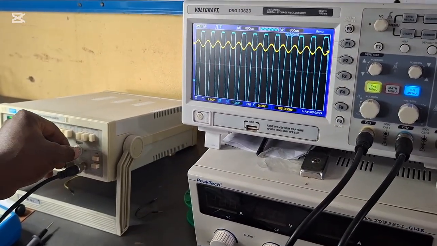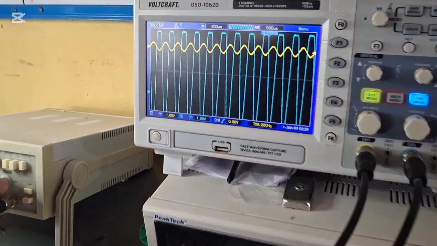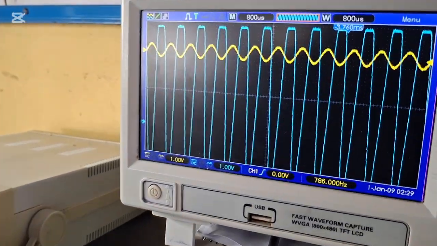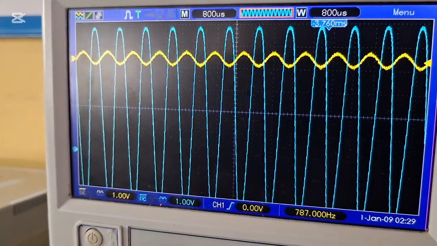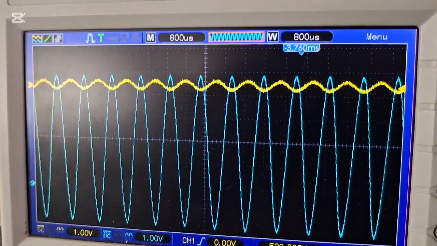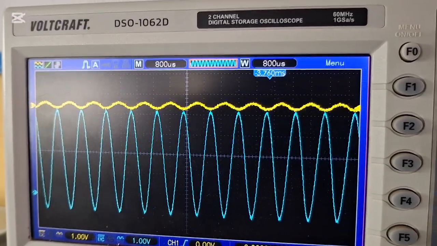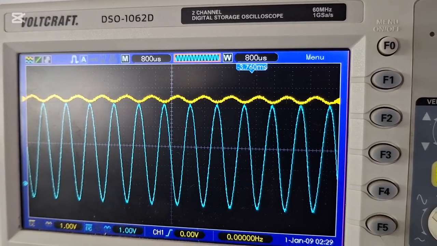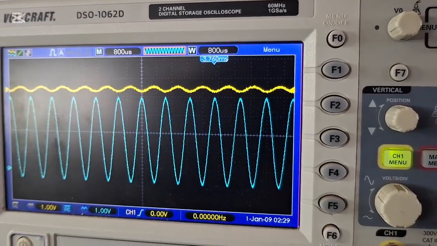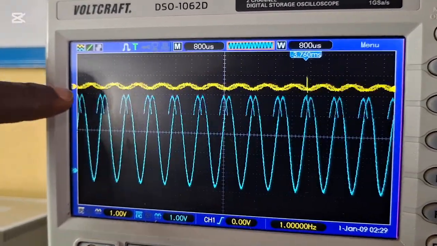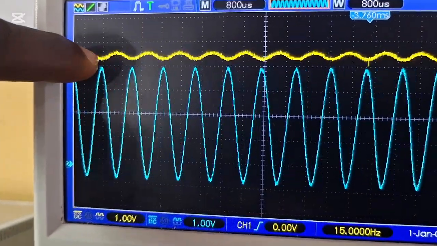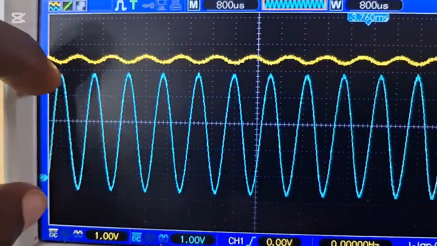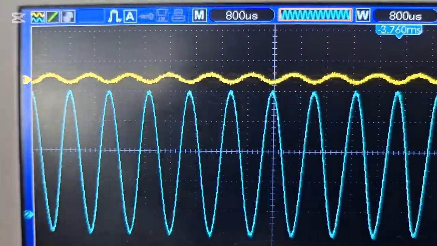Yes, you can see the output voltage is very large, indicated by the blue graph. Let's reduce the input signal a bit so we can have a smooth output voltage waveform. All right, so you realize that with a very little input signal, we have a very large output signal.